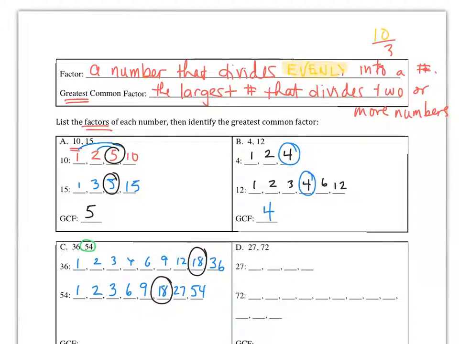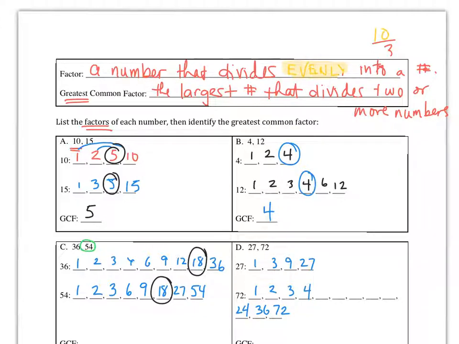All right, 27. 1 times 27 and 3 times 9. 72. 1 and 72. 72 is even, so 2 times 36. 3 times 24. Okay. Does 4 go into it?